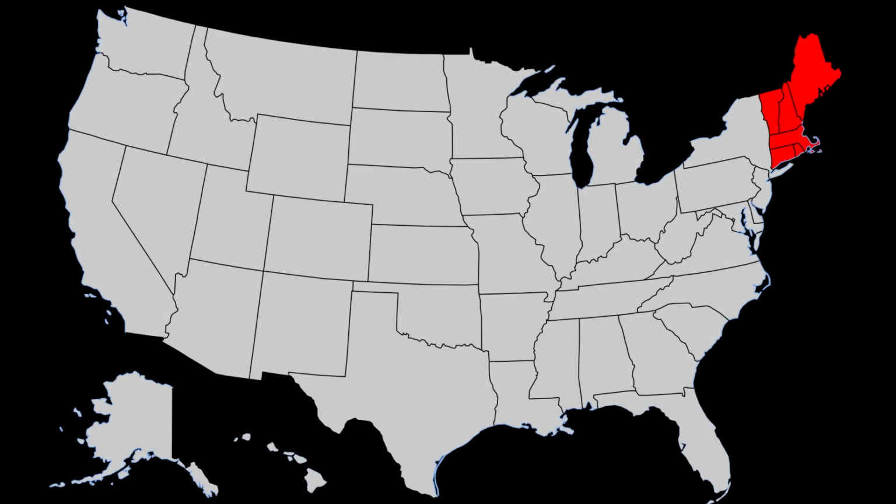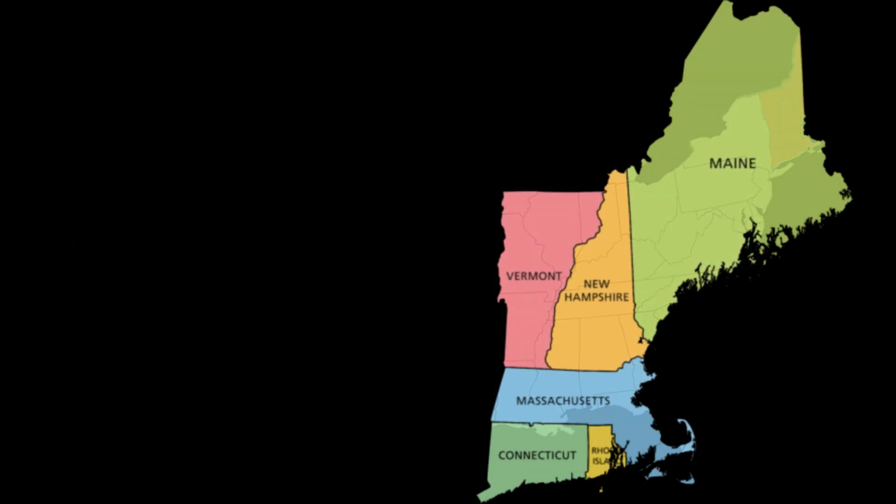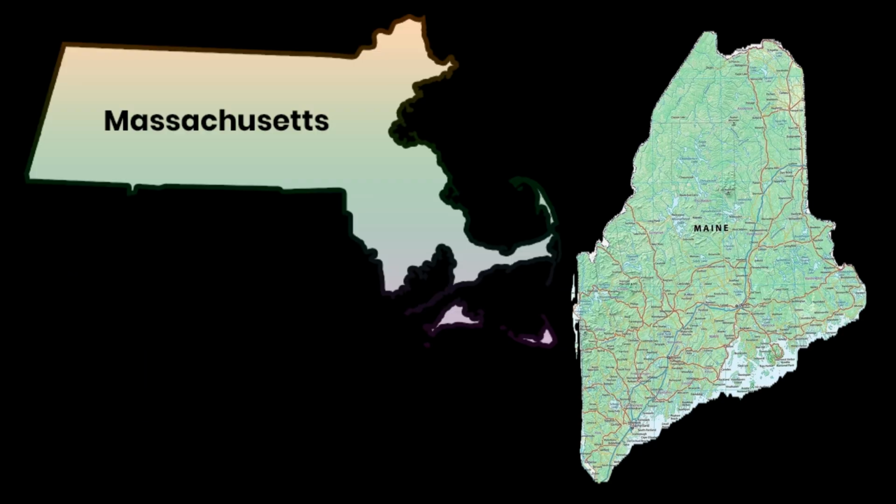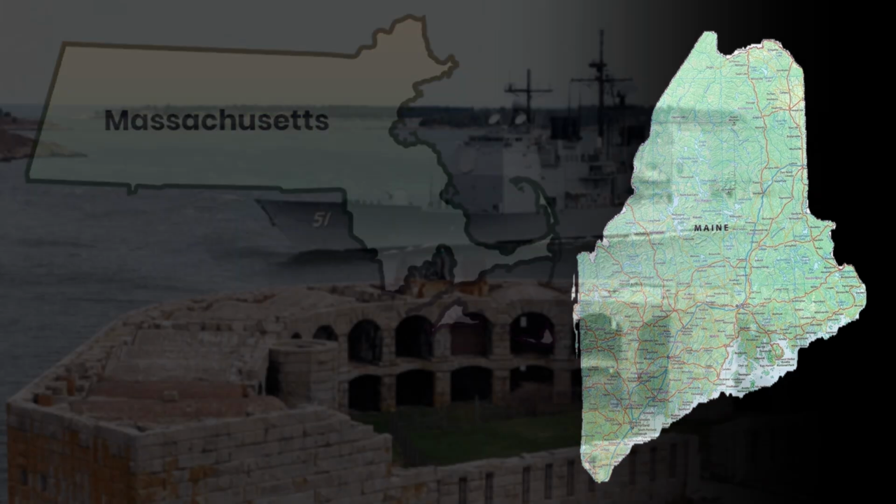In the United States, North America, we say Yankee in reference to inhabitants of states like New Hampshire, Connecticut, Rhode Island, Vermont, Massachusetts, and Maine. Now, my story is going to reside with these last two states in the list, Massachusetts and Maine.